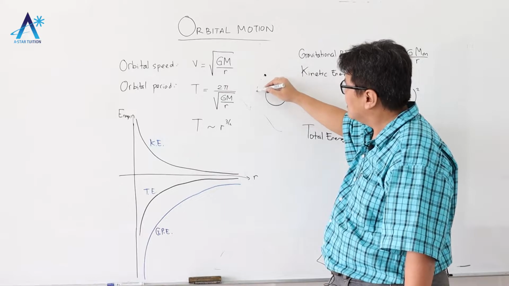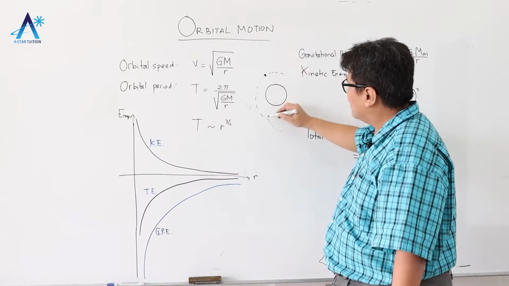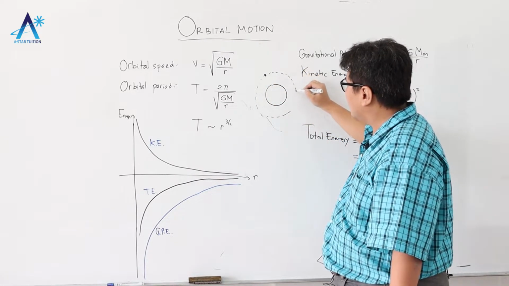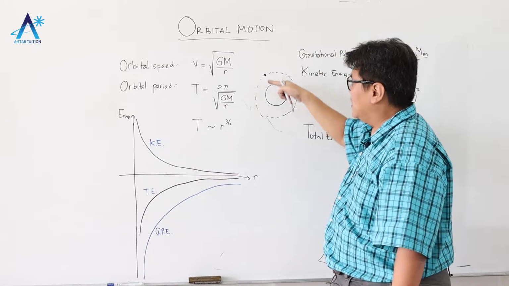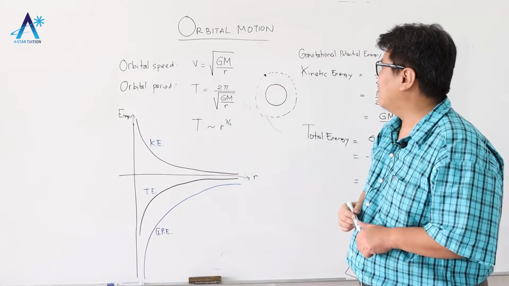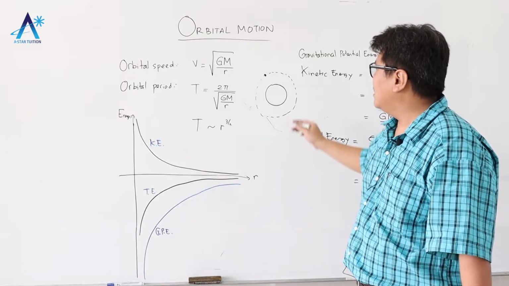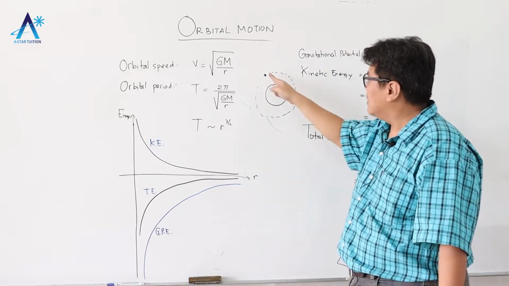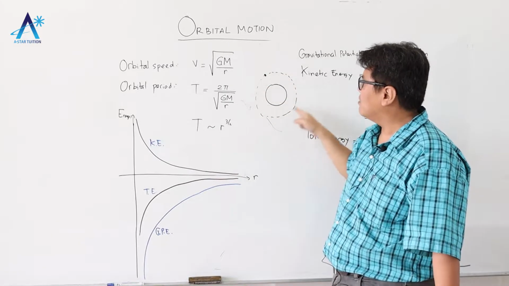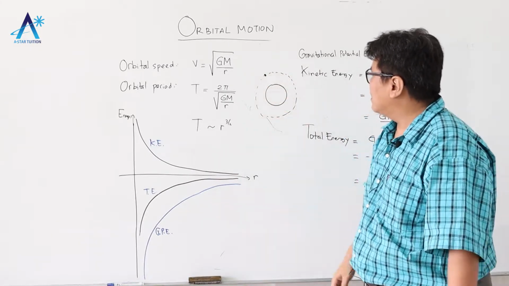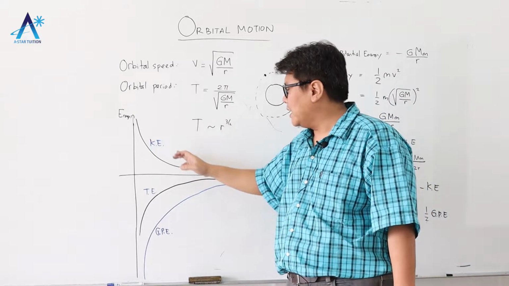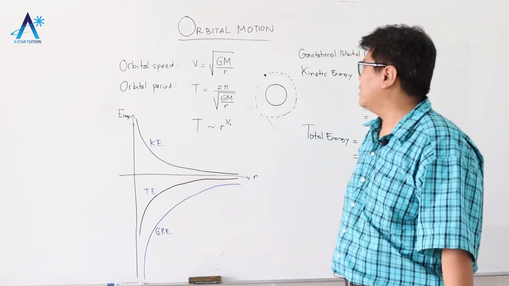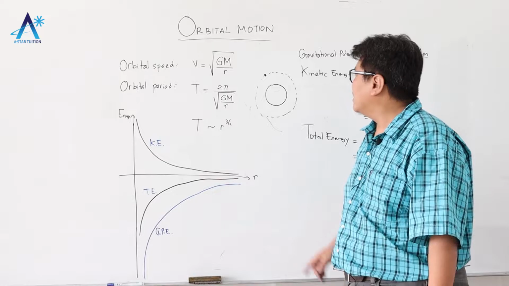The planet is the orbiting entity and the star is the stationary entity. When the planet is orbiting around the star like this, it has a certain kinetic energy, total energy, and gravitational potential energy, right?